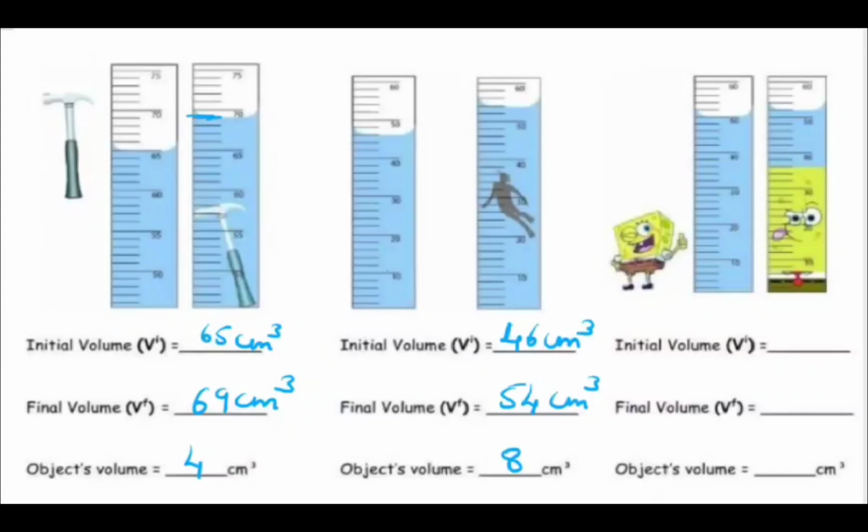This is 52 out here. 2, 4, 6, 8, 10. Oh no, it's 50. Initial volume is 50 centimeter cube. Here this is 52 centimeter cube. So, object volume is 2 centimeter cube.